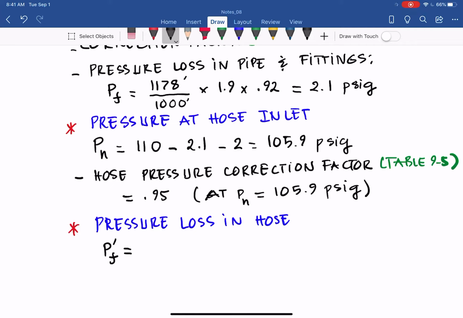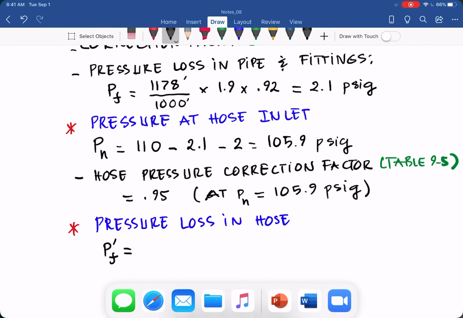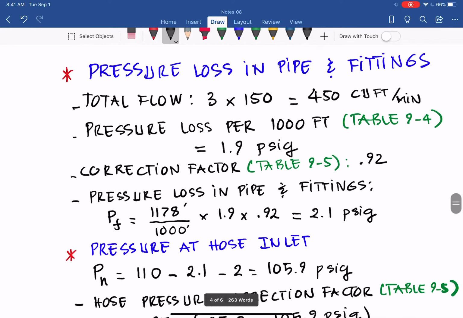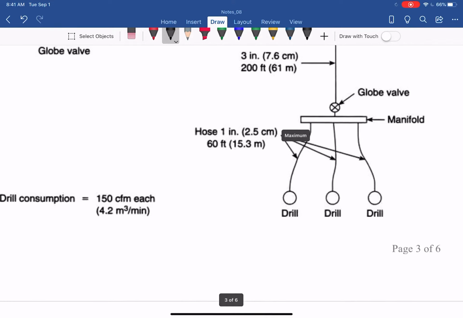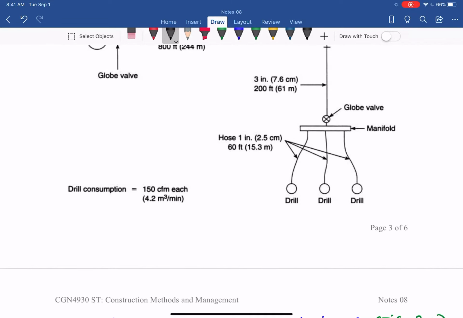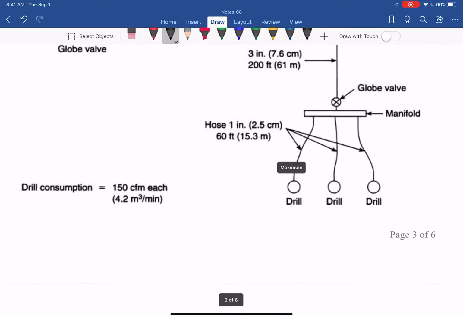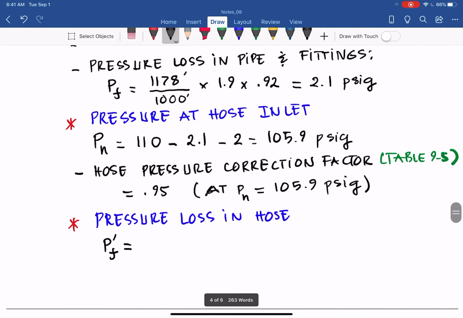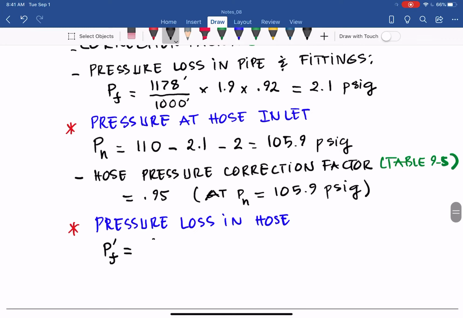And here we need to determine a few things. First, what is the total length of the hose to the drill? And that from the problem here, you have 60 feet for each hose to the drill, from the manifold to drill here, as you can see. Then similar to the pipe, we have 60 feet. And then we need to determine what is the pressure loss in the hose.